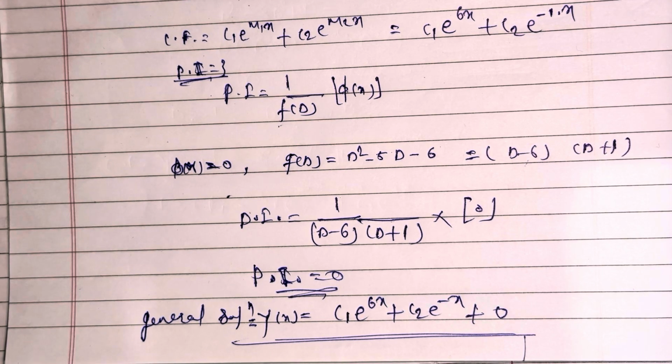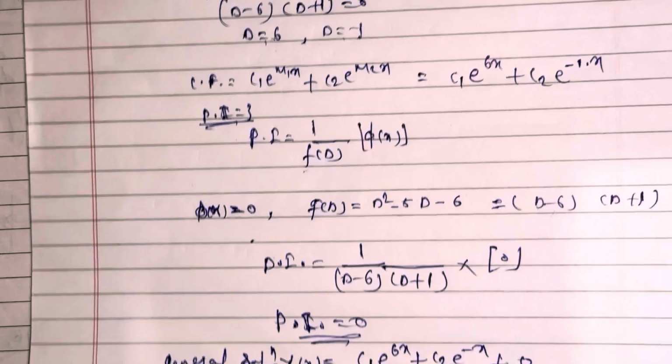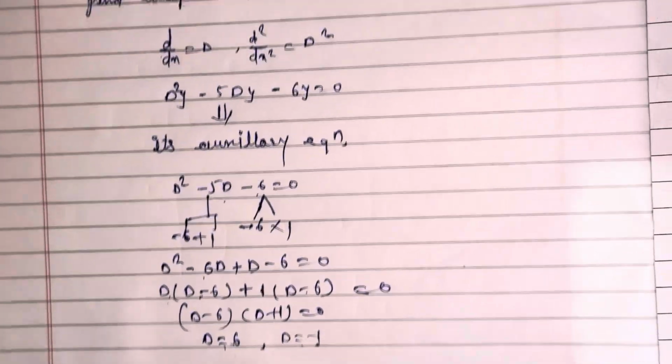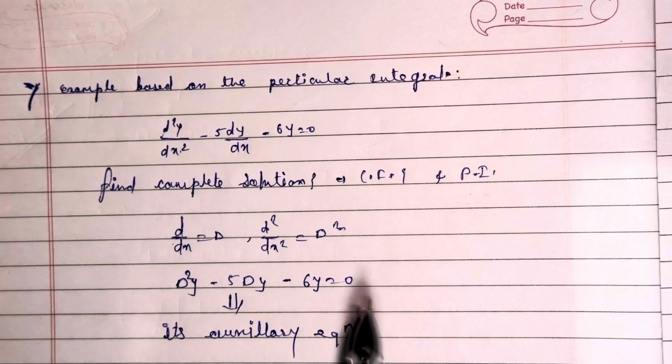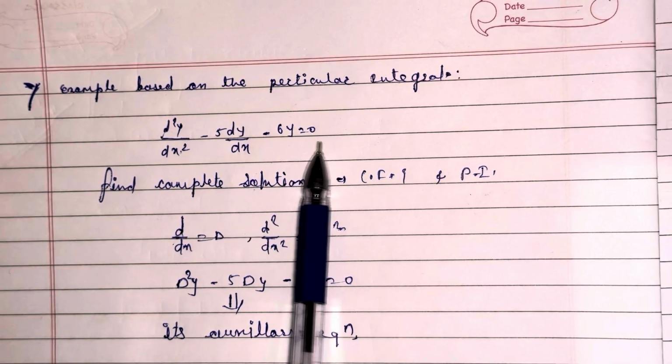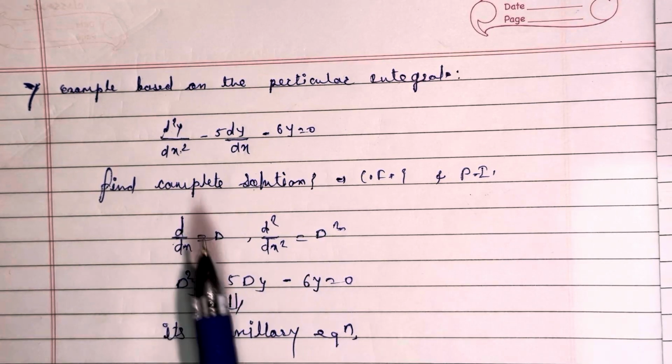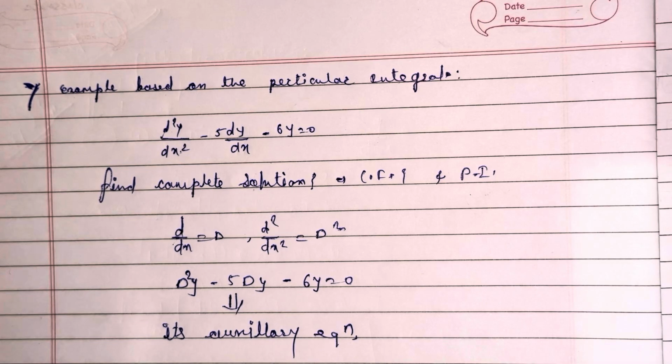Now we can observe one thing in our example. When the right hand side of our linear differential equation is 0, that means the particular integral always remains 0.